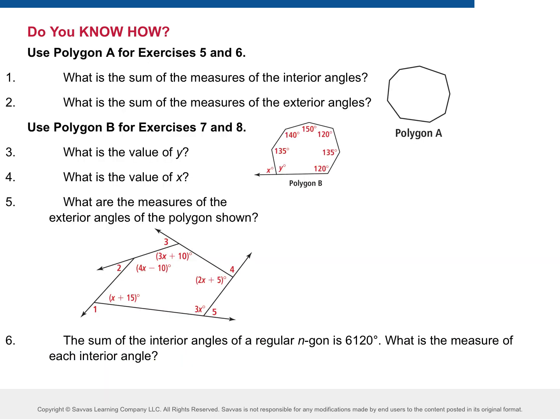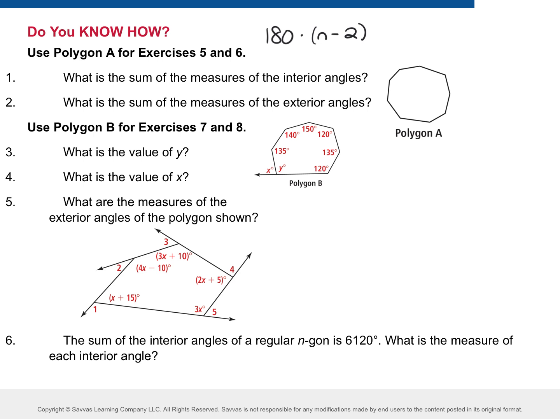Okay, on number 5, it wants the sum of the interior angles. How do I find those? 180 times, oh, it's n minus 2, right? That's the equation we're using for interior angle sums. What do we need to figure out in order to use this equation?